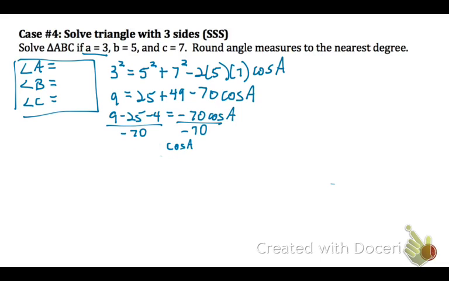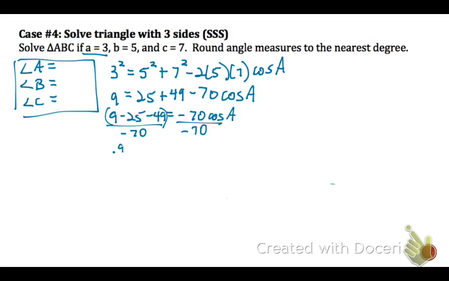Yes, scratch that, because I see my mistake and I bet you see it too. I did not subtract that entire 49 over. So 9 minus 25 minus 49 actually gives me negative 65, divided by negative 70. So I do this first. There we go.